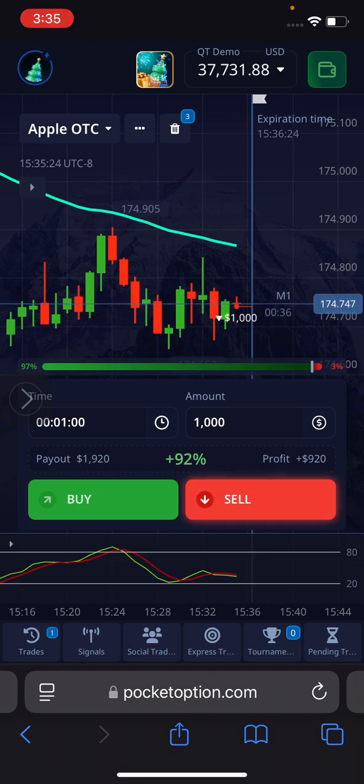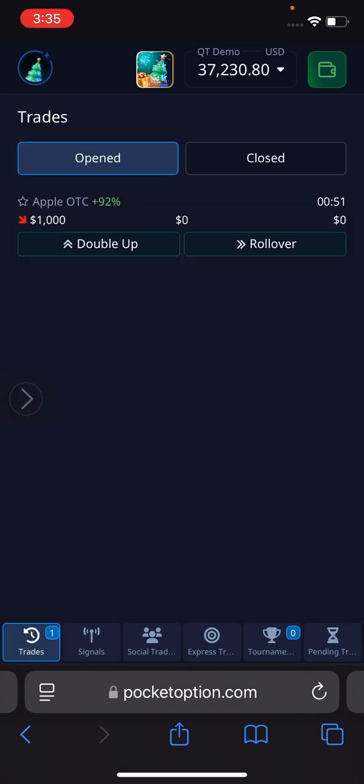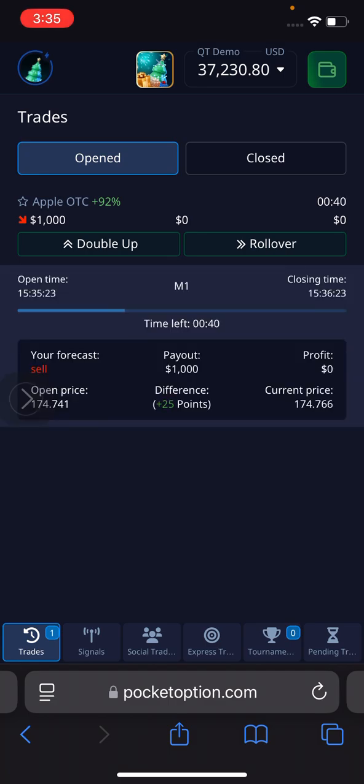All right, for example purposes, I just took a trade. It's the button on the right hand side of the screen that says rollover. So it's not the double up portion. It's where it says rollover. And you'll see 5, 4, 3, 2.